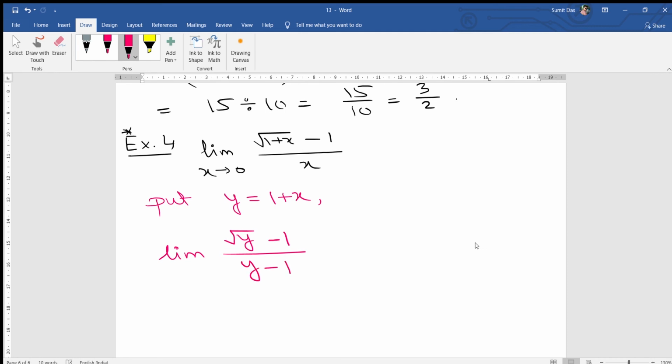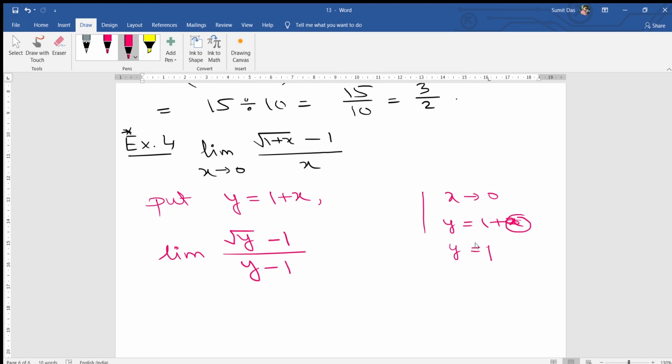And what will be here? This is rough work I'm showing. x tends to 0, right? And we took y equal to 1 plus x. So if you put 0 instead of x, what will be the value of y? 1.